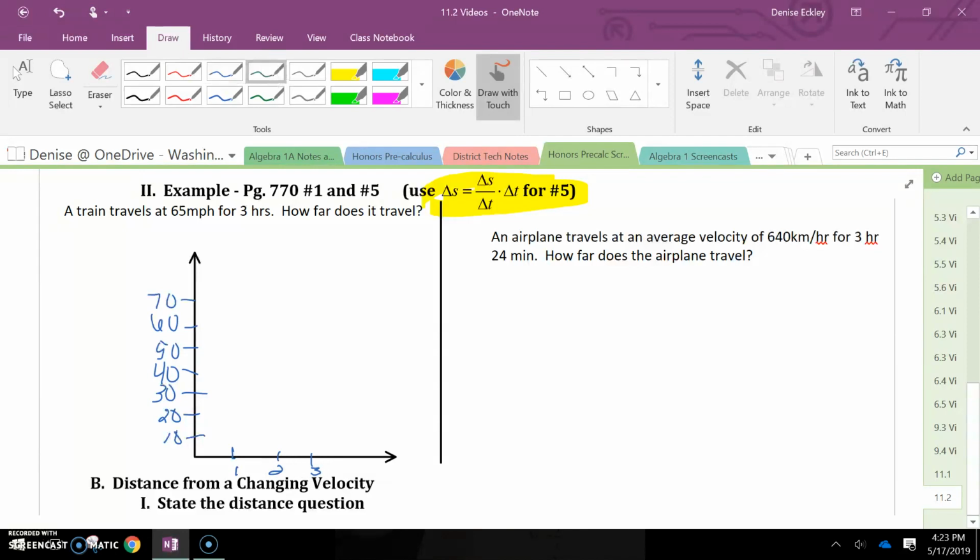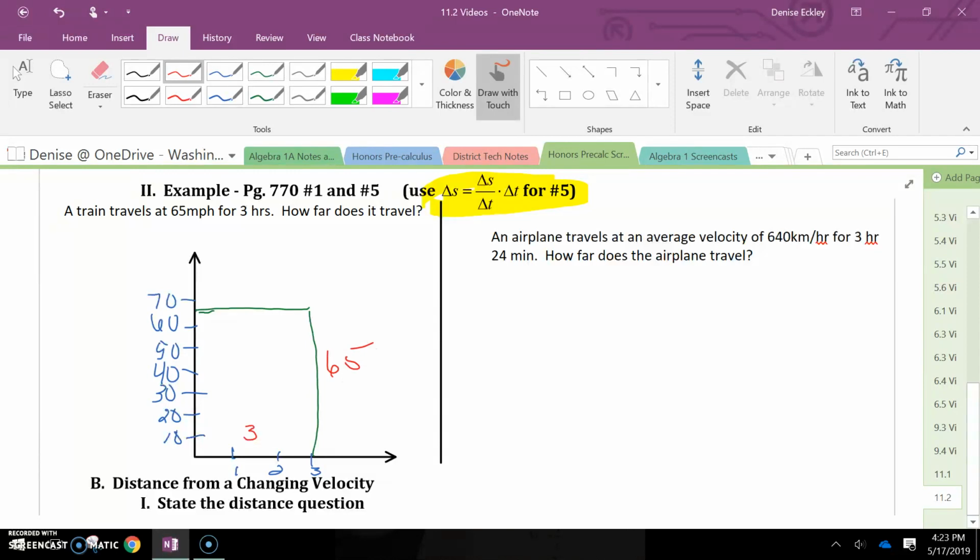So if we were to draw what this would look like, it's at a constant speed. So it's going to be from 65 miles an hour till 3 hours. So it's going to make this rectangle. And the rectangle's dimensions are 3 by 65.